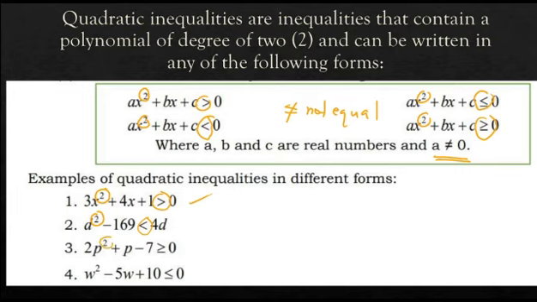Again, the highest exponent is 2 and it is using greater than or equal. Next, we have w squared minus 5w plus 10 less than or equal to 0. The highest exponent is 2 and the symbol is less than or equal. So these 4 examples are all quadratic inequalities.